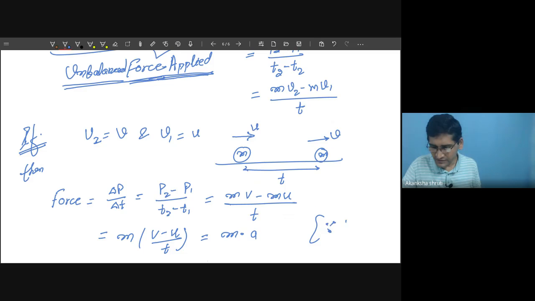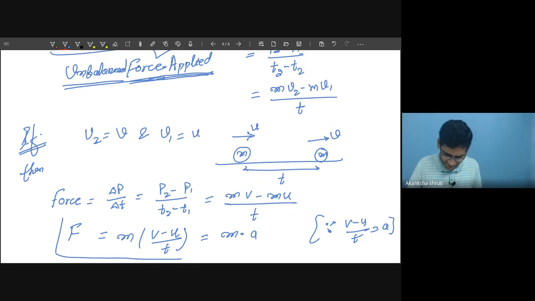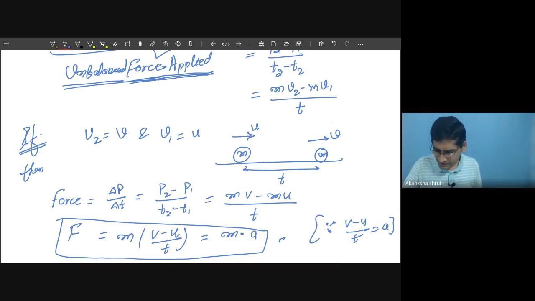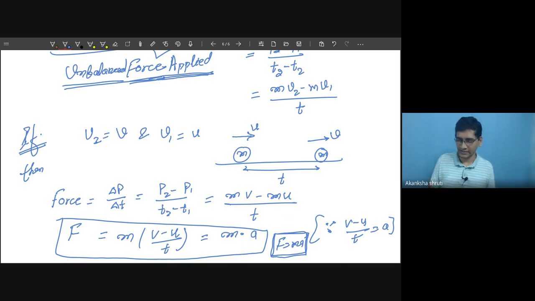Since v minus u by T is our acceleration, the force F is given by this formula. So this way, F is equal to ma is proved. This analysis is called Newton's second law of motion.